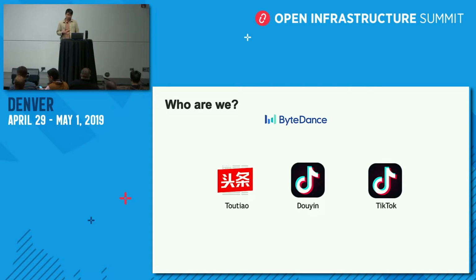In China, we have around 500 million monthly active users with products like news aggregator app Toutiao and short form video app Douyin. For markets outside of China, we launched TikTok, which is also a short form video app similar to Douyin. TikTok has quickly grown to the #1 downloaded app on Google Play and the App Store in multiple markets outside of China in 2018.